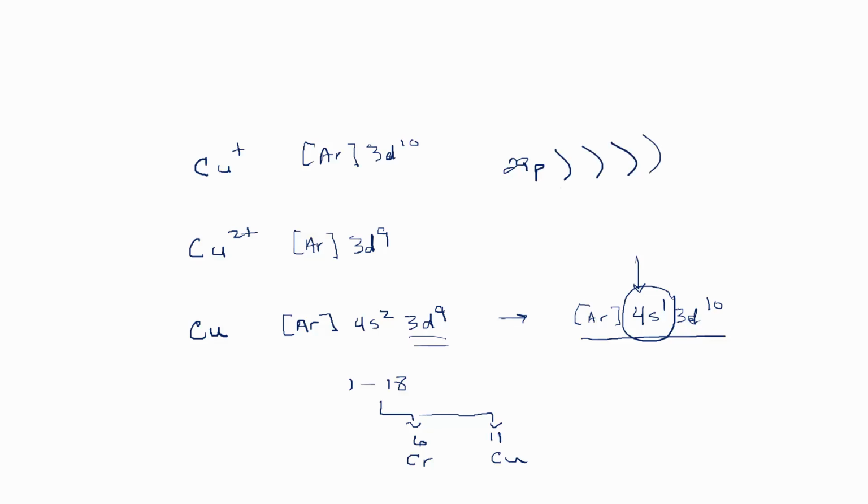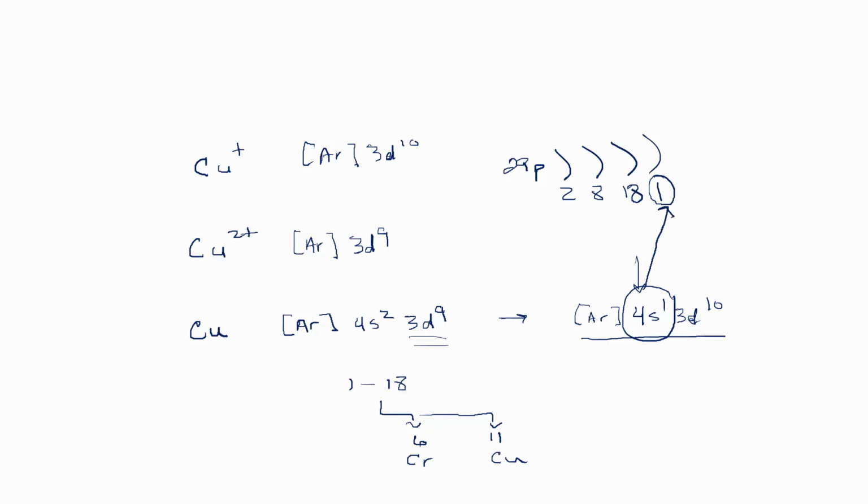It's got 2 in the first. It's got 8 in the second. If you go with this, you would have 18. You'd have the 8 that you went through the first time you went through period 3 plus the 10 here, and you have 1 in the 4th. So 10 plus 18 is 28, plus 1 is 29. And now you can easily see this electron has to be removed first, this one, which is the 4s1.